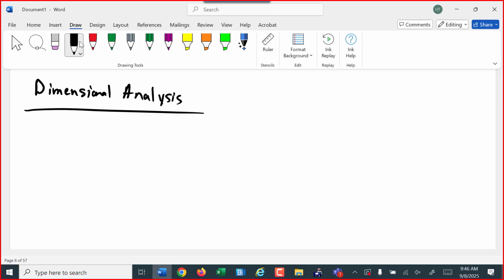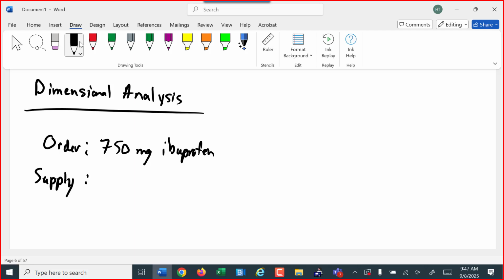So if I have, well, let's go back to that first problem again. We have ordered 750 milligrams of ibuprofen and a supply of 300 milligram scored tablets.